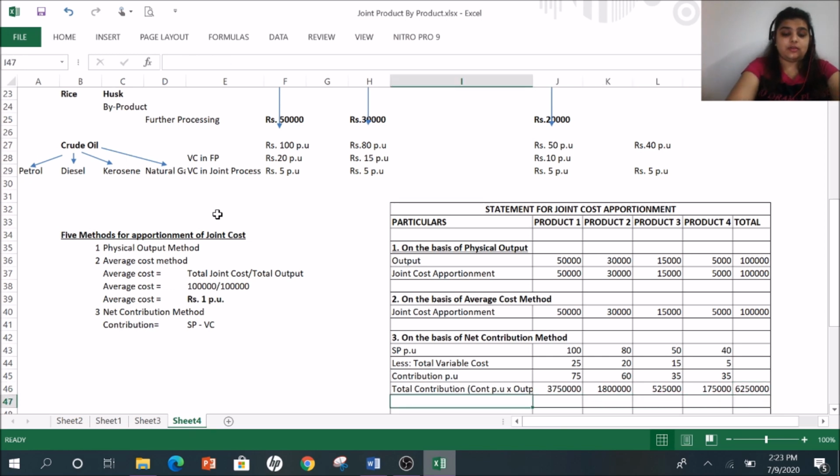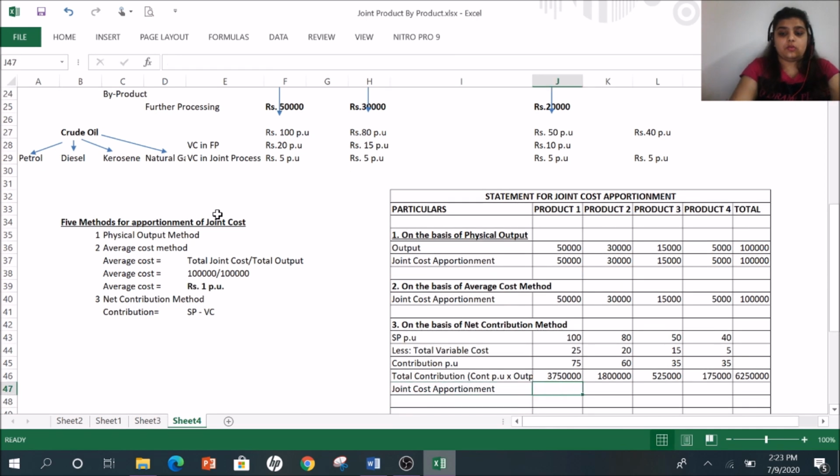So joint cost apportionment would be rupees 1 lakh into this divided by this.